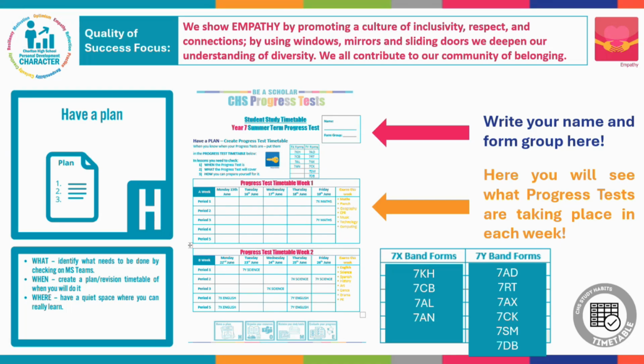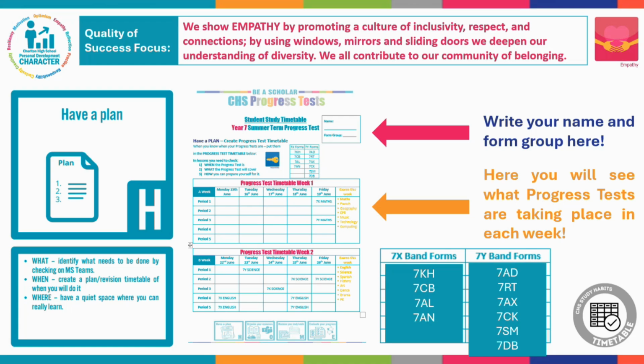You have gaps for each period, apart from where your maths, English and science have been plotted. Now, you do need to highlight or circle which of those belong to you. So if you are in 7KH, 7CB, 7AL, 7AN, you are looking for the 7X English, 7X maths, 7X science.